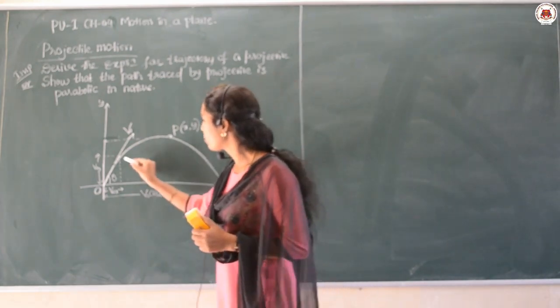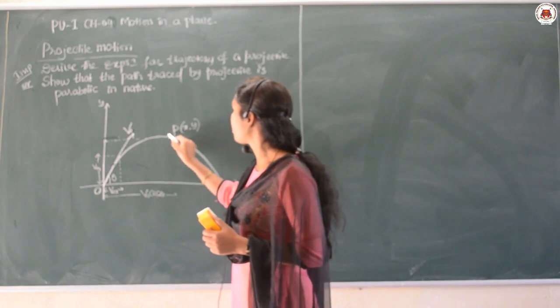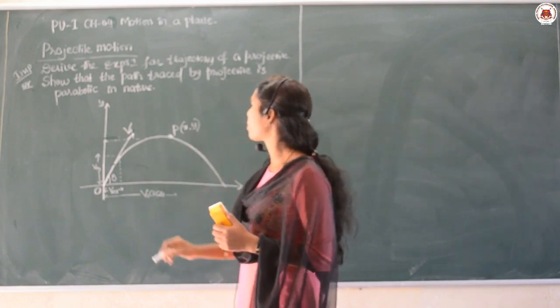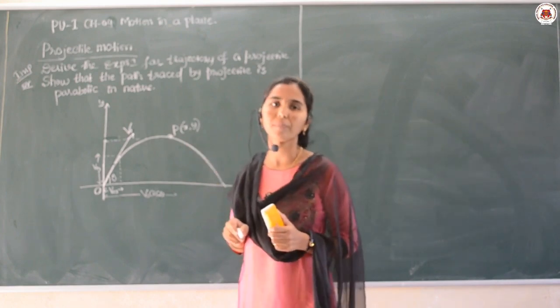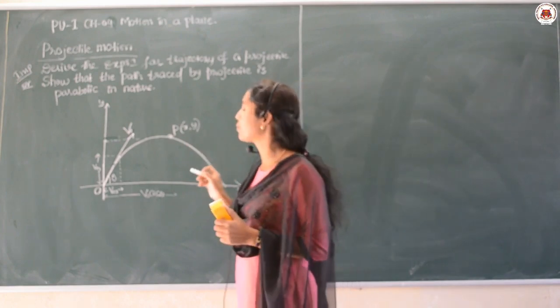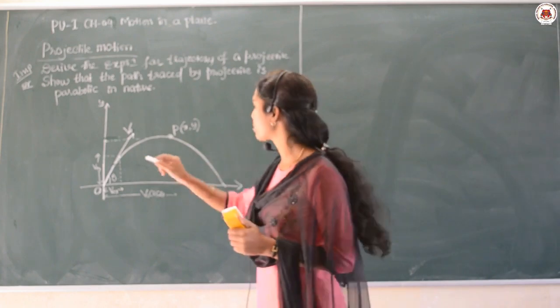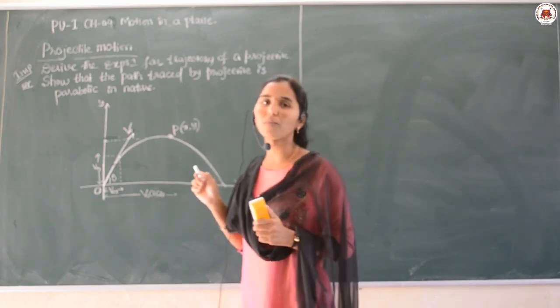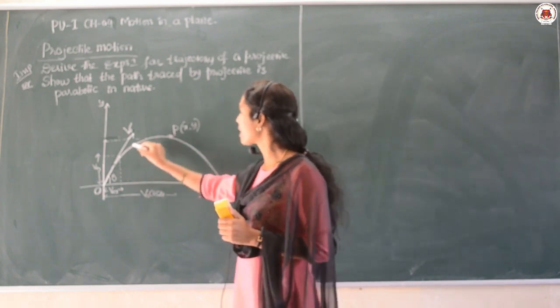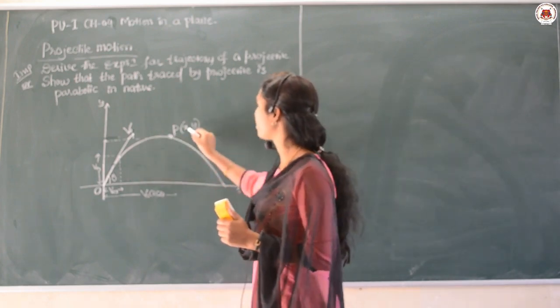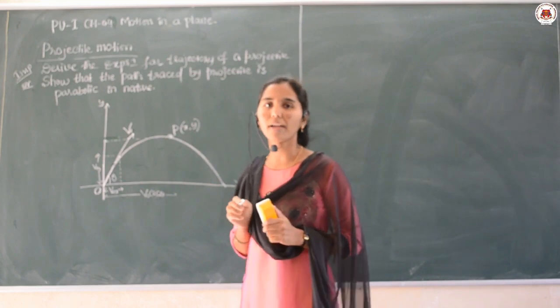And here let P be a point which has a position of x and y, at which we need to find the nature of the projectile. Let P be a point on the trajectory of the projectile with position x and y.